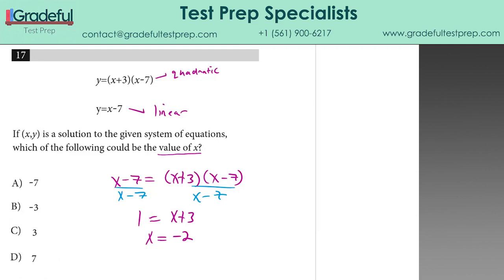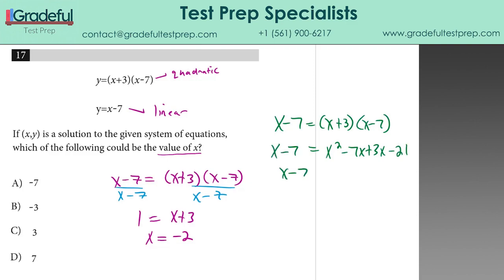So instead of that, if we go back to the original equation, we have x minus 7 equals x plus 3 times x minus 7. And let's just go ahead and start solving. We'll FOIL out the right-hand side. X squared minus 7x plus 3x minus 21. And x minus 7 on this side. Combine some like terms.